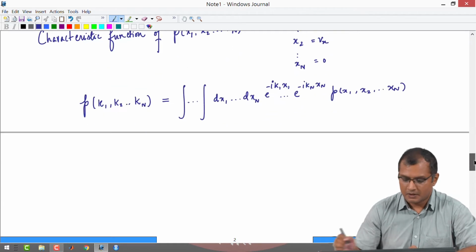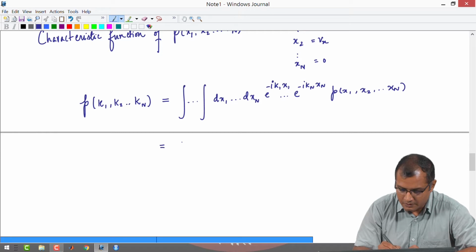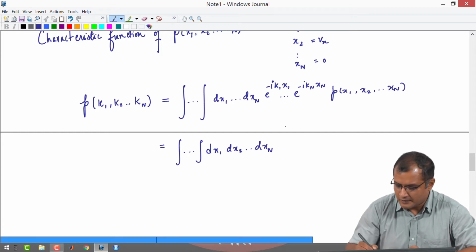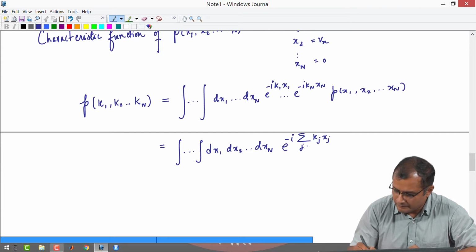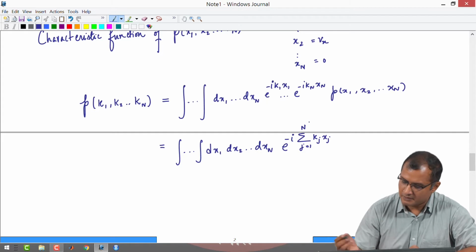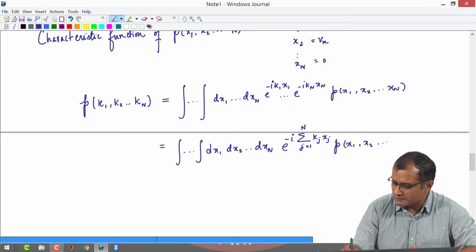Okay. And this will reduce to the integral of this exponential, where j runs from 1 to n, times p of x1, x2 all the way to xn.